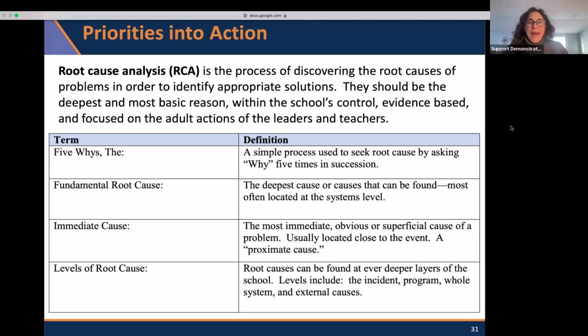I always feel like they brand root cause like it's an exact science, right? And it actually can't be an exact science. You do the best you can. I remember feeling intimidated when I first started doing this work, like, wow, what if I don't have the correct root cause? But you do the very best you can, and you do it with fidelity.